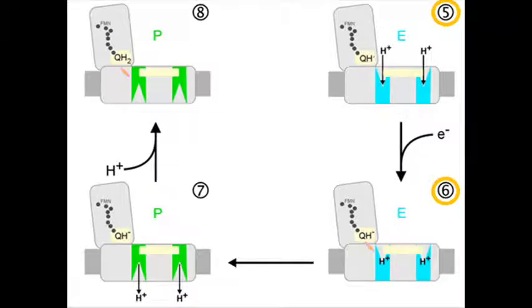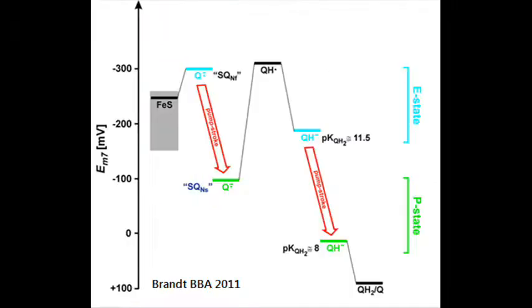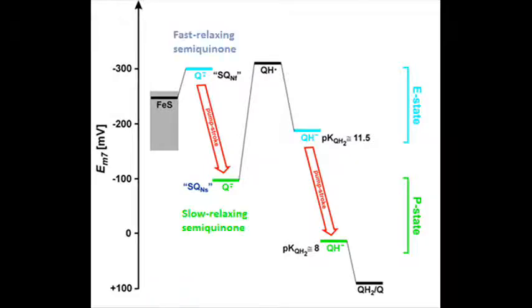The second electron transfer in the E state causes 2 more protons to enter both modules from the matrix. Then, stabilization of the ubiquinol anion occurs in the P state through protonation and results in proton pumping. Compelling evidence for this mechanism comes from EPR studies which indicate the presence of a fast-relaxing and a slow-relaxing semiquinone intermediate in complex 1.